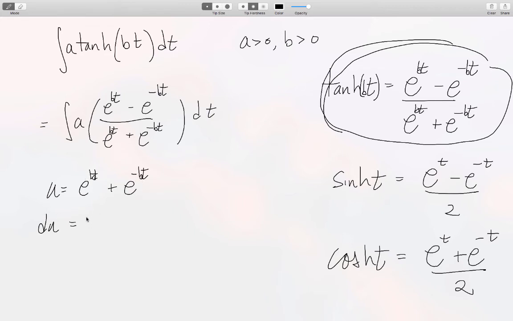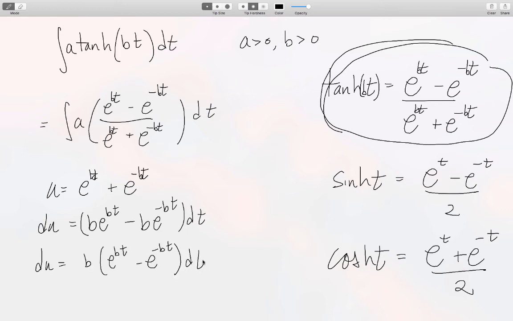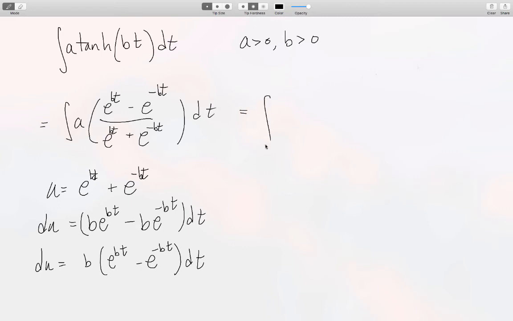So the derivative would be, because of the derivative of the exponential, I get an extra constant b, e to the bt, and then a minus b, e to the minus bt, and because I'm writing the differential, I'll say times dt. And then I can factor out the b, and now I'm going to go back and substitute. So I have a constant a.